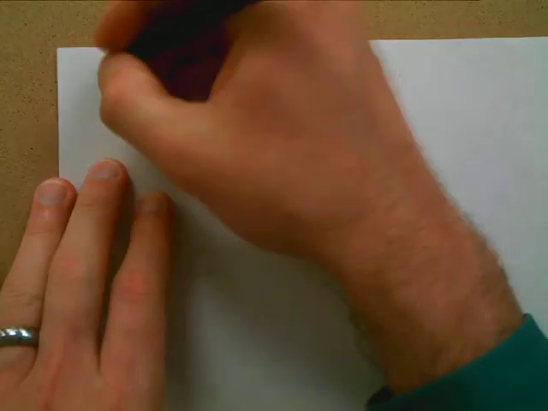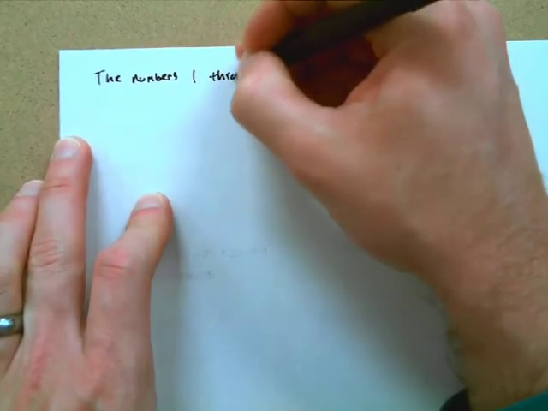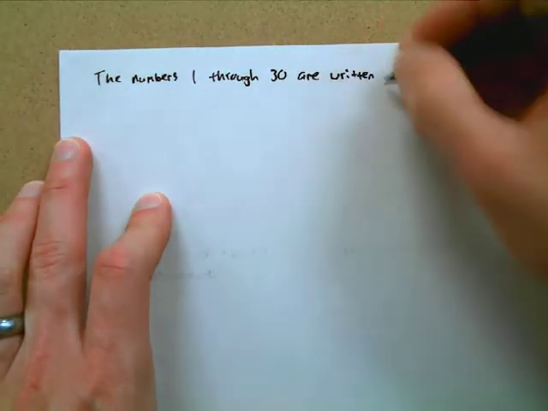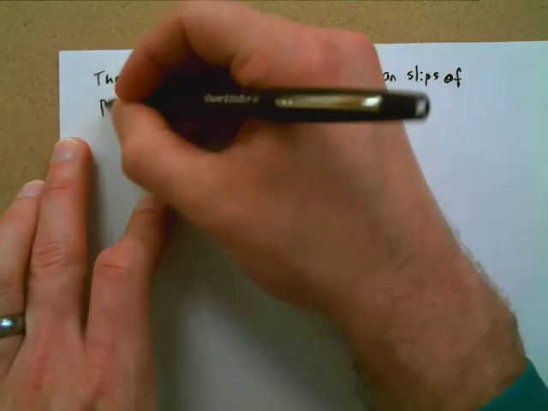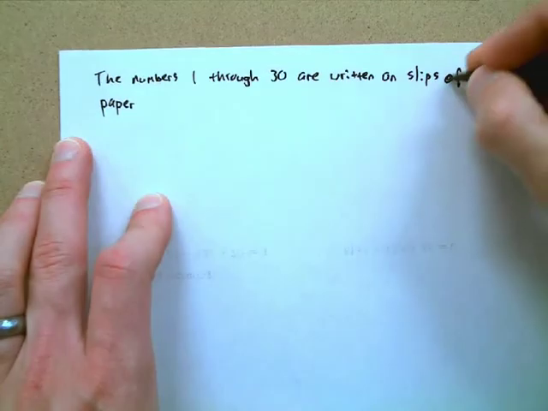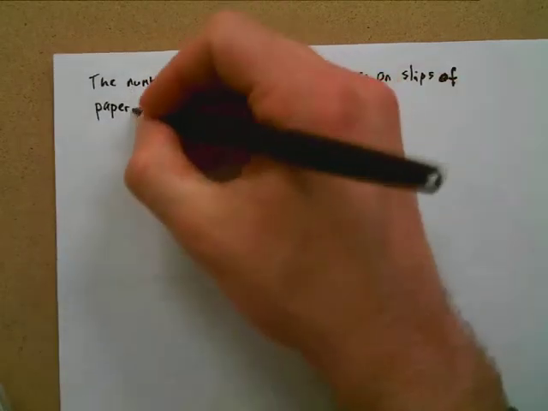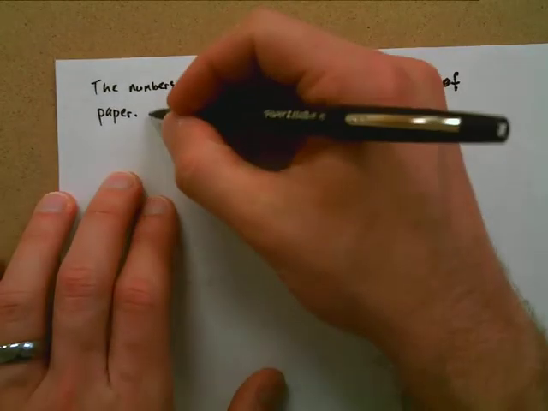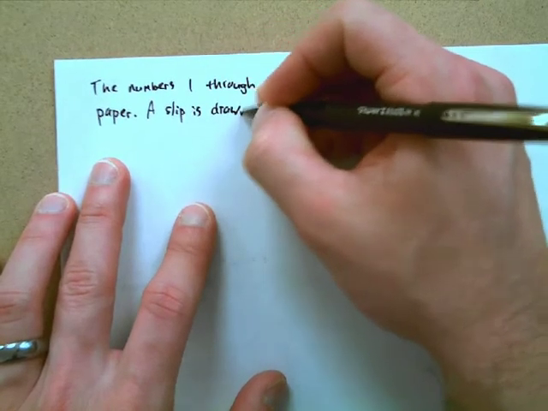Okay, so let's say this. The numbers 1 through 30 are written on slips of paper, and a slip is drawn at random.